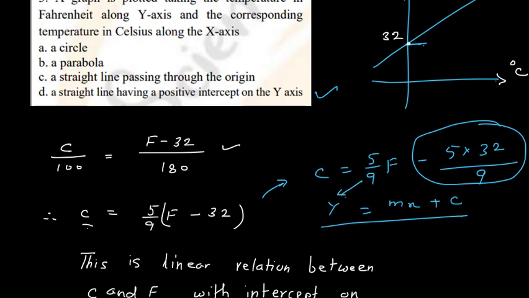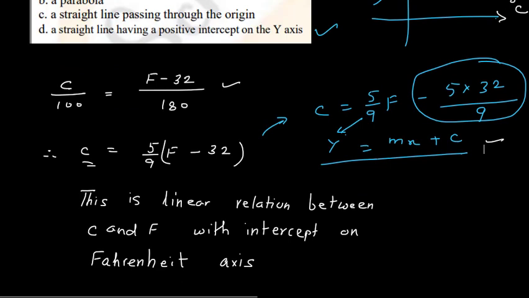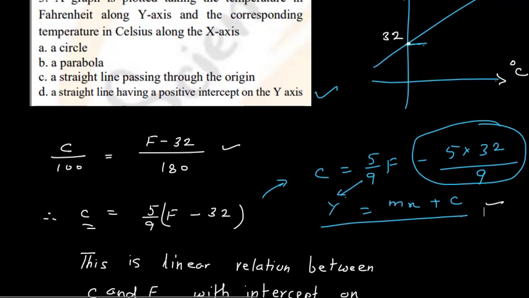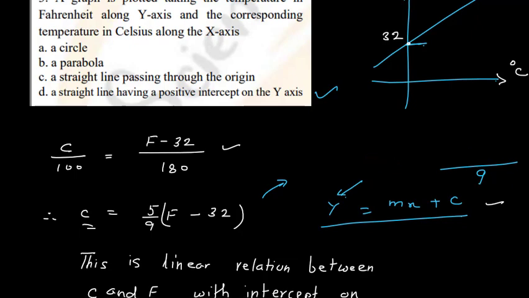Now this is something like y is equal to mx plus c, where the value of m is 5 upon 9 and the value of c is, as we are plotting Fahrenheit along the y-axis, we have to represent Fahrenheit in terms of x. So the actual relation we will get when we represent Fahrenheit in terms of degrees Celsius.